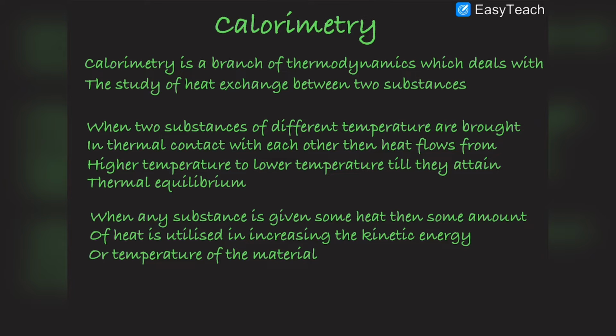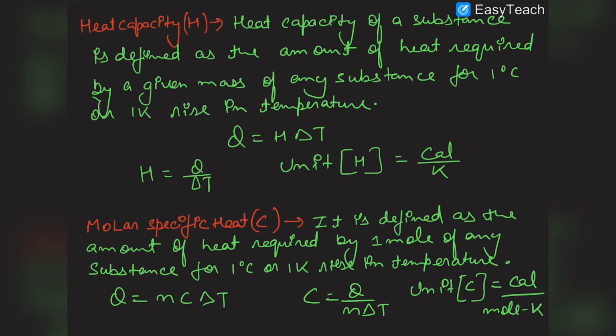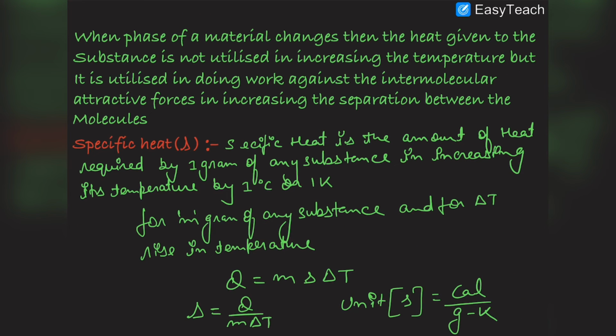When any substance is given some heat, the heat is utilized partially in increasing the kinetic energy or the temperature of the material, and partially in changing the intermolecular separation between any two molecules, or we can say in doing work against the intermolecular forces.